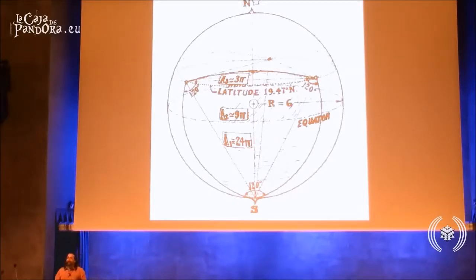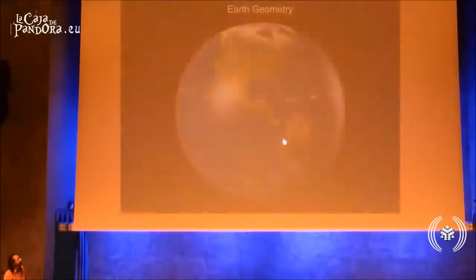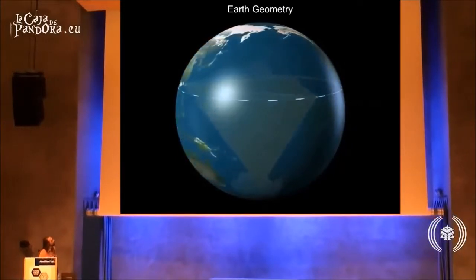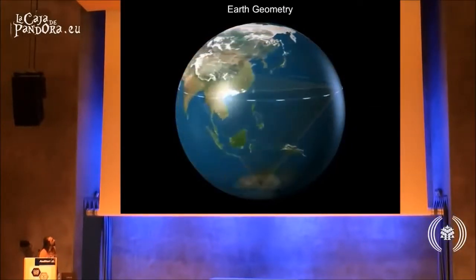What I found out later on is that I wondered where that city of Teotihuacan was relative to the whole earth. And it turns out, when I looked, that it was actually, let's see, I can animate this. There it is.